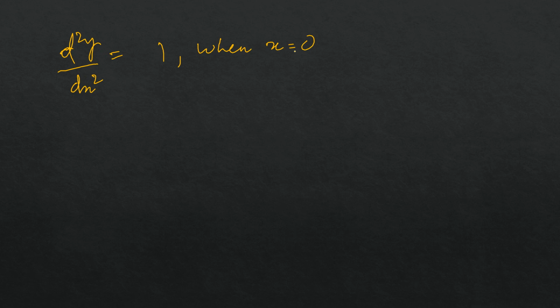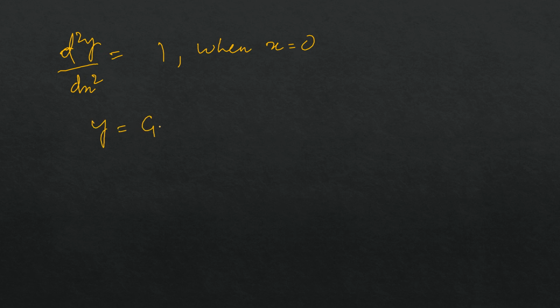Another equation is there also. d square y by dx square is equal to 1 when x is equal to 0. So what is d square y by dx square?